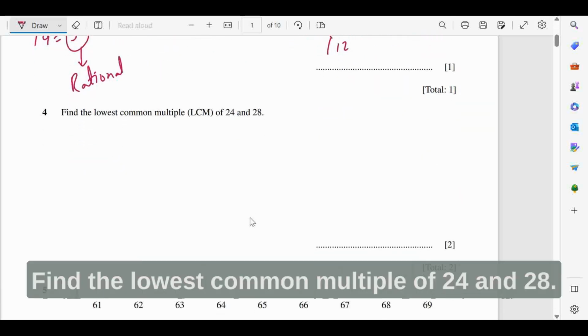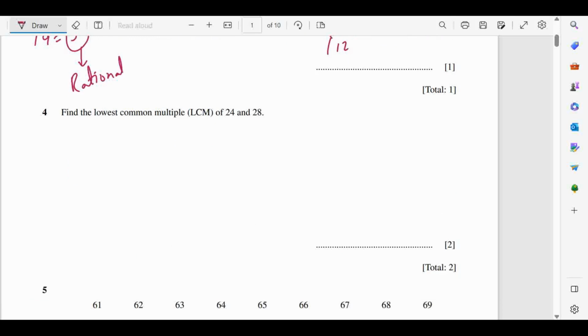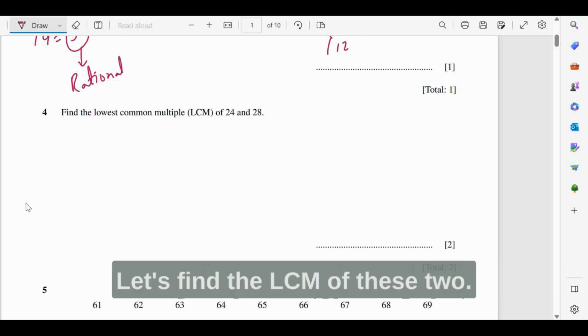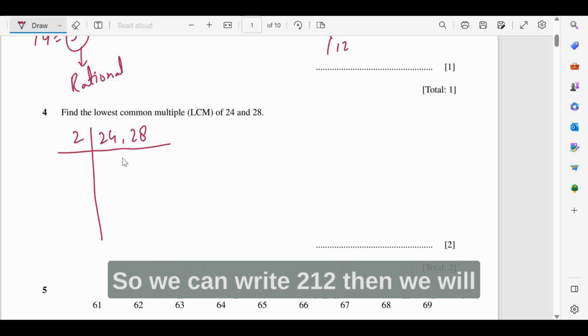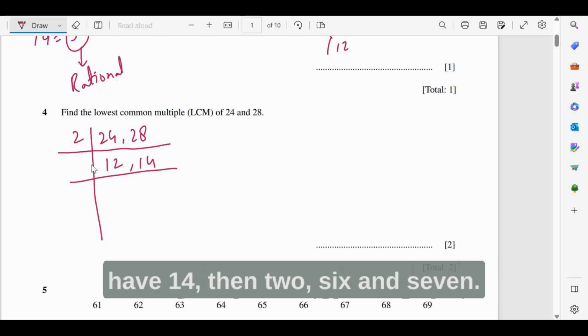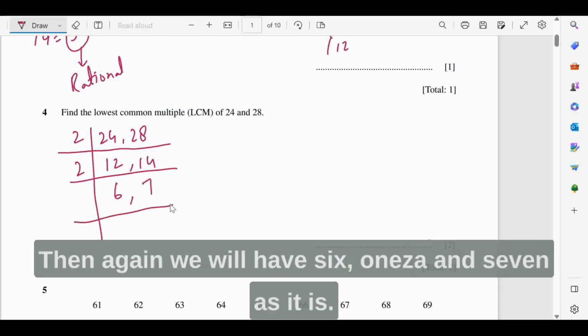Find the lowest common multiple of 24 and 28. Let's find the LCM of these two. So this will be 24 and 28. We can write 2, 12, then we will have 14. Then 2, 6, and 7. Then again 6, 1 and 7 as it is.